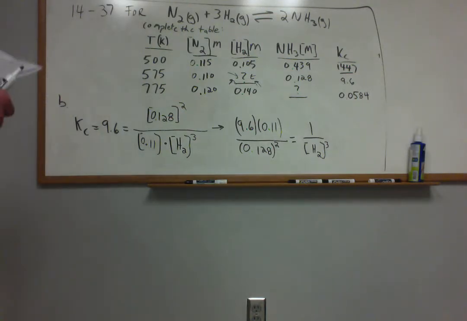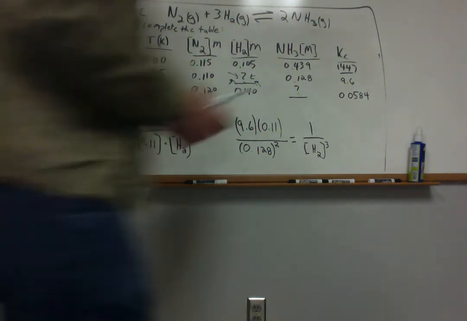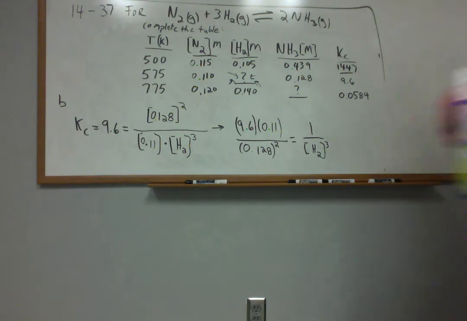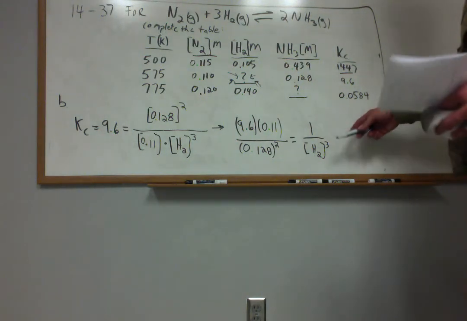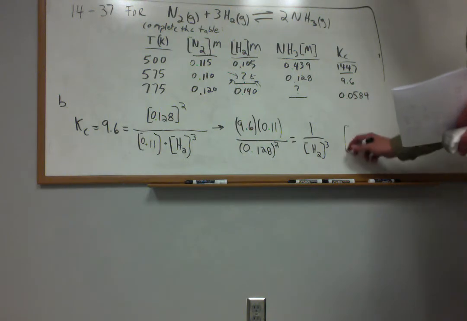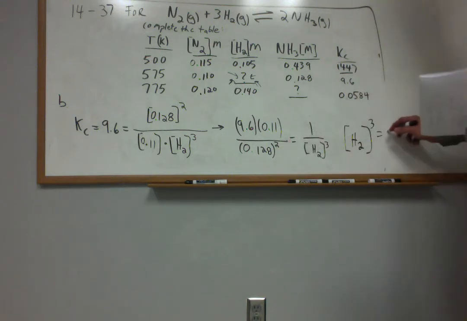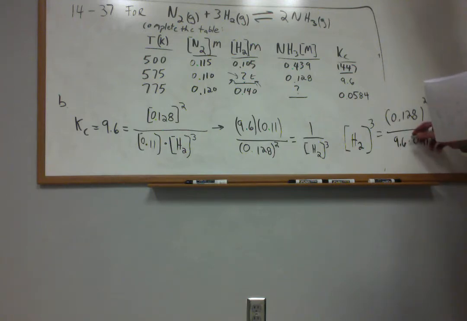Now, if I'm going to work towards solving that, I basically invert both of these such that my H2 raised to the third power is equal to 0.128 squared over 9.6 times 0.11.